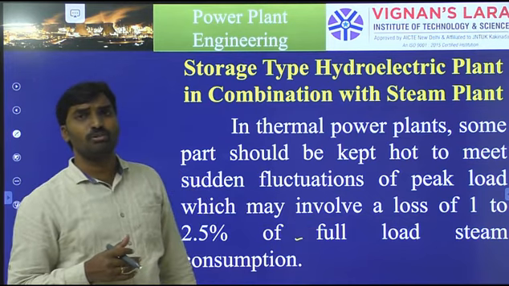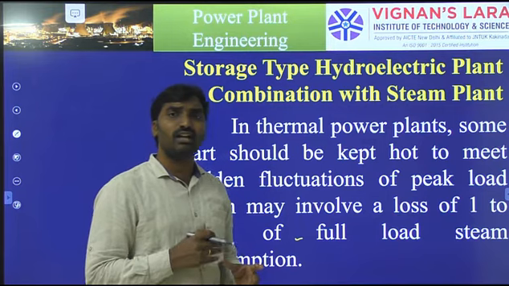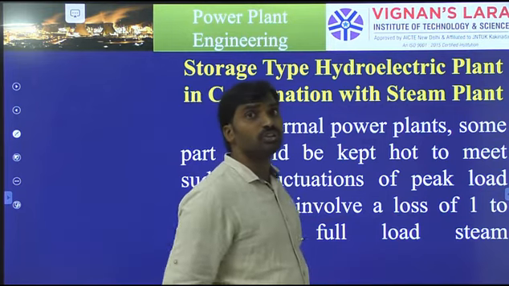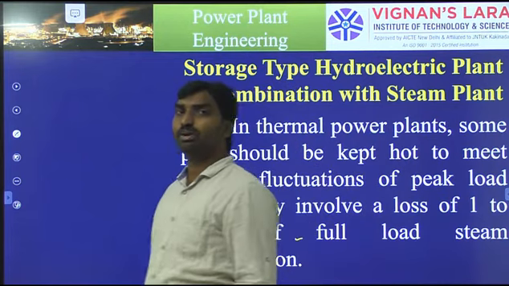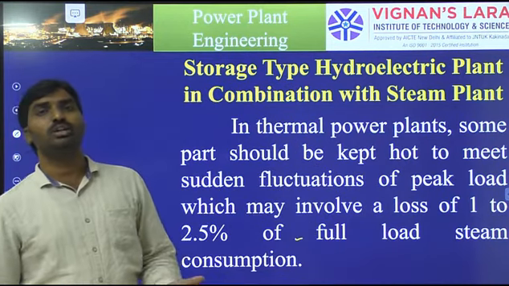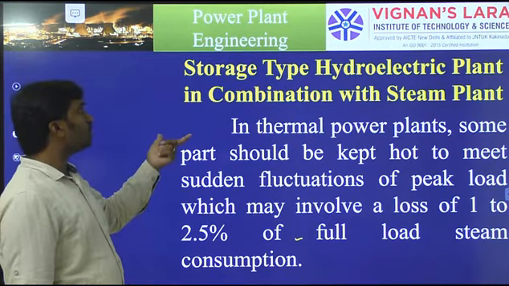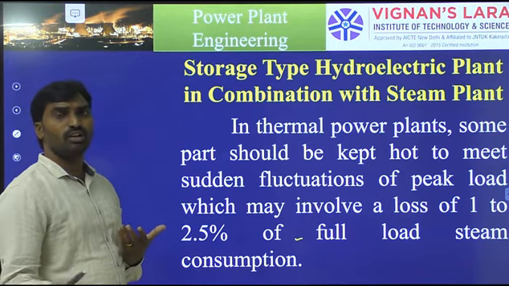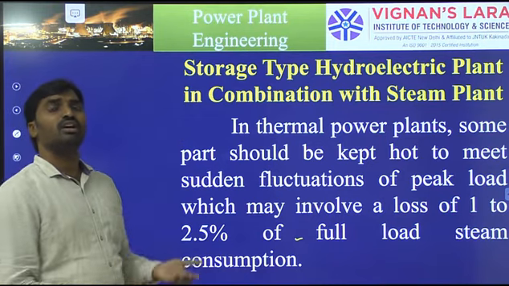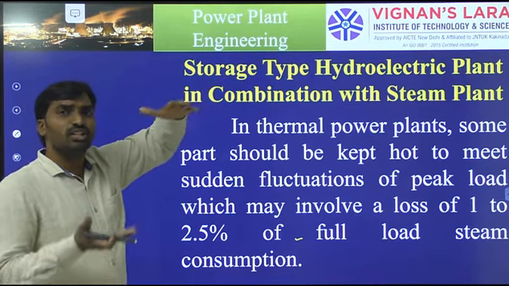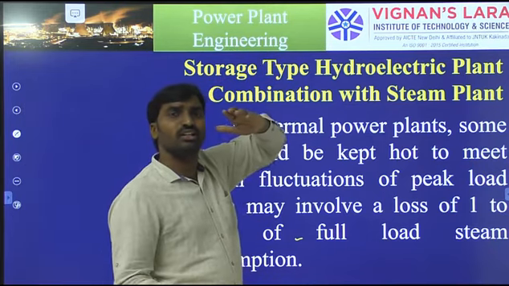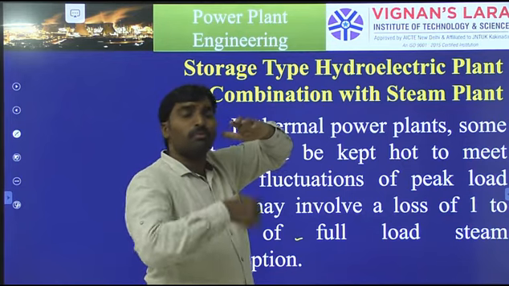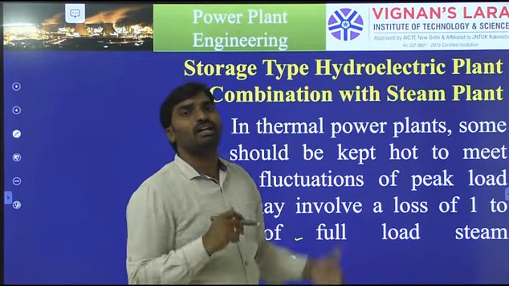If you run a steam power plant in combination with a hydroelectric plant, it can produce electricity throughout the year. How is it possible? By using a storage process, you can store the water in a lower level dam reservoir or a higher level reservoir. You can store in two places, and you can run the pump by using the steam power plant.